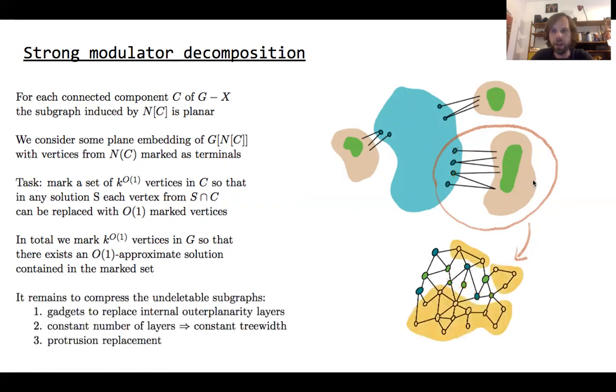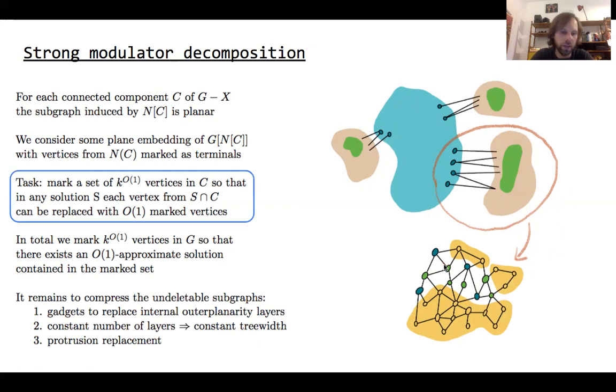Now the remaining task is to compress the leftover subgraphs in such a way that later on the lifting algorithm could translate good solutions to good solutions to the original instance. But because we can treat these subgraphs as undeletable with respect to the approximate solution which lives in the marked area, we can now apply some known techniques.